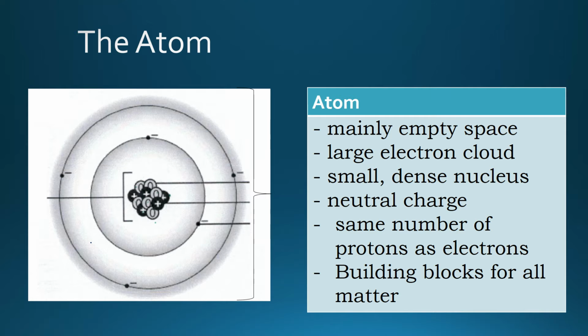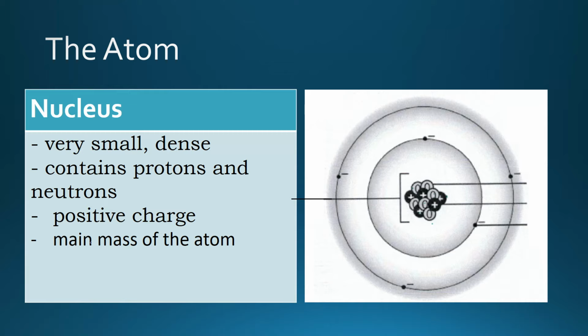And that's because we have protons and electrons, two of our subatomic particles that give us charge equal to one another. And going back to our idea of matter, we had things like elements, compounds, homogeneous and heterogeneous mixtures. And so again, what that tells us is that all of those foundational pieces are built of atoms.